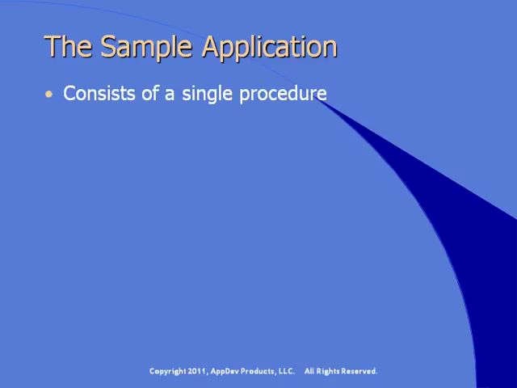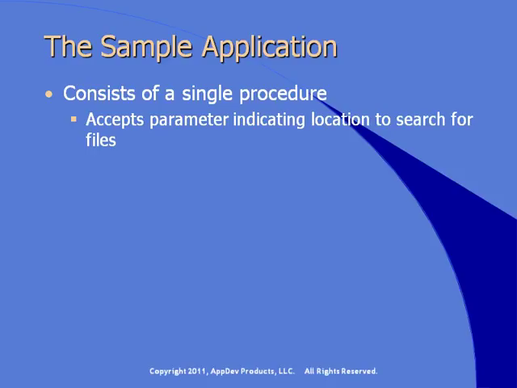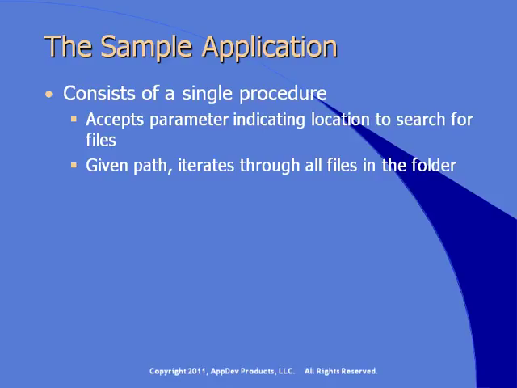Now, the sample application really consists of just a single procedure. It accepts a parameter indicating the location to search for files, and given that path, it iterates through all the files in the specified folder. It adds each file that's found to a list of file info objects.